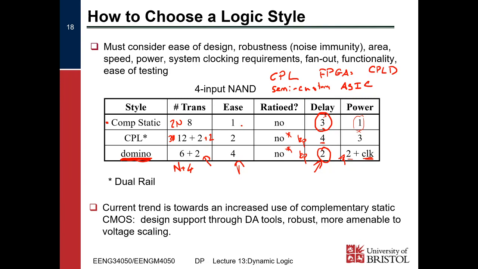Also, having the regular structure of CPL logic where you just have to change the routing around means that implementing an FPGA with a very high density is very easy, because you don't know what your logic function is going to be at manufacturing time, so you need to provide as much programmability and make it as generic as possible. So what we see, especially with FPGAs, is that they have a static logic block, right?